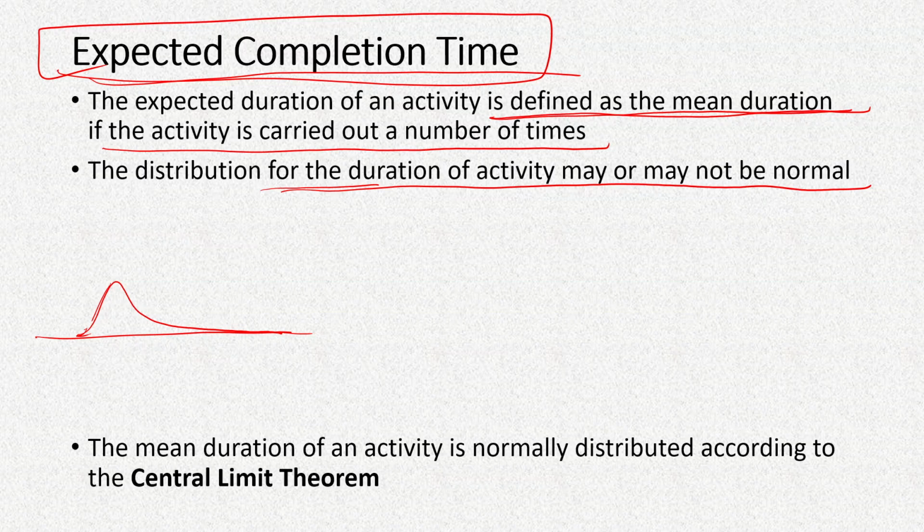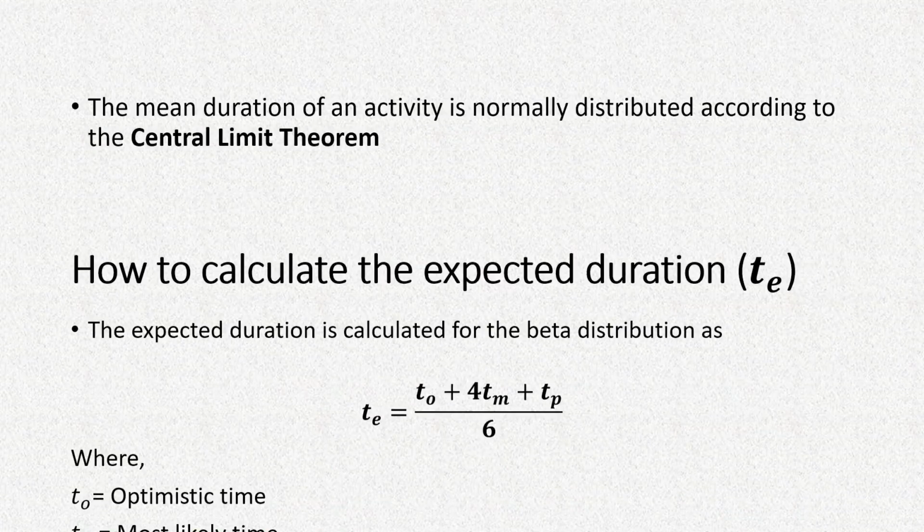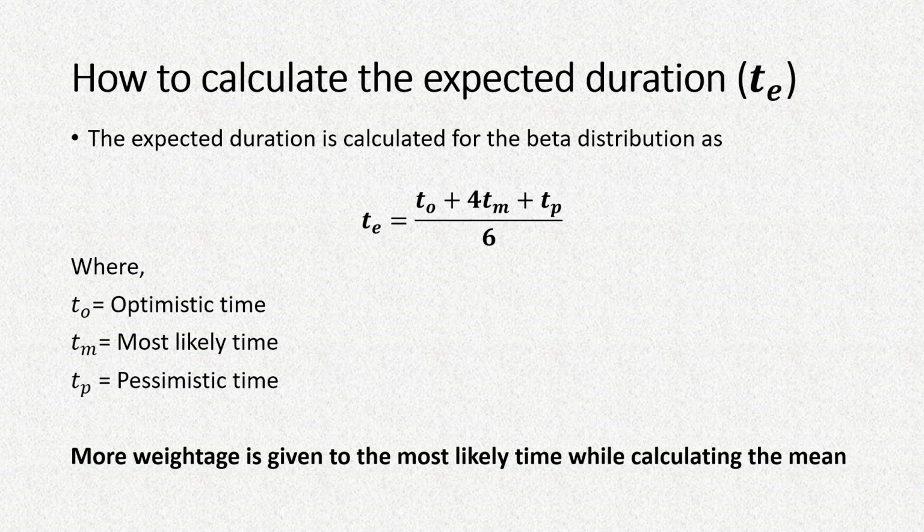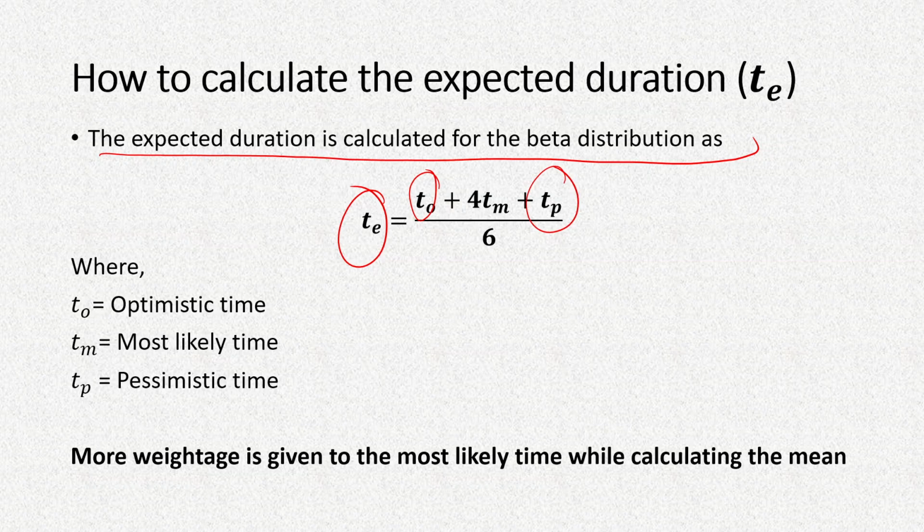But to calculate the mean, we have to use some trick. The expected duration, that is the mean of the distribution, is calculated as T expected, or TE, equal to the optimistic time plus the pessimistic time plus 4 times the most likely time, divided by 6. This formula is used because if this is the distribution, then some values are going to be near the optimistic time, so we are adding that here.